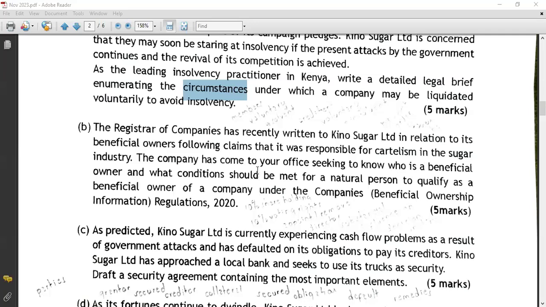If you look at section 408, it says creditors voluntary liquidation, and 399 says members voluntary liquidation. So for this question, would you mention just members or would you include creditors?